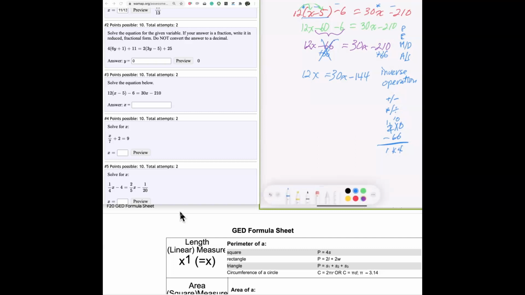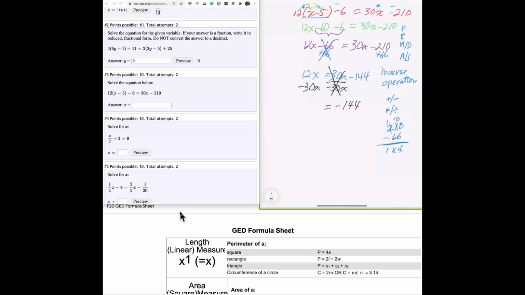Let's use a different color. Now we want to move the x's, put all the x's together. So we want to get rid of this one, and to do that, this is positive 30x. We're going to combine it with negative 30x, and then we also have to put negative 30x on the other side. So these two cancel each other out, leaving 0, and we've got negative 144.